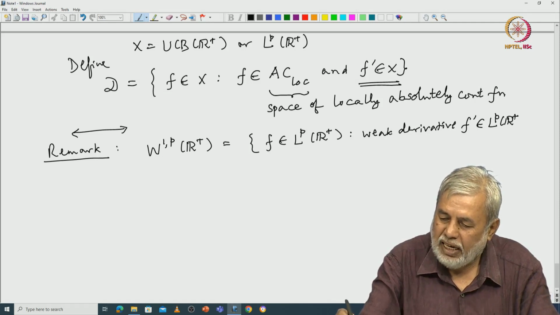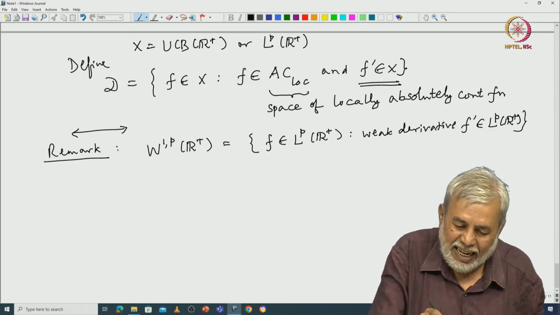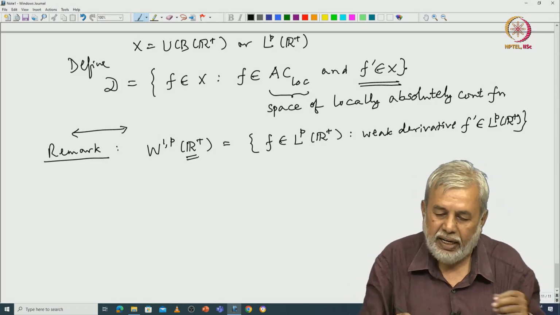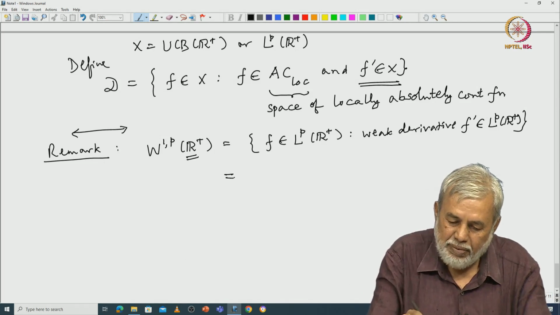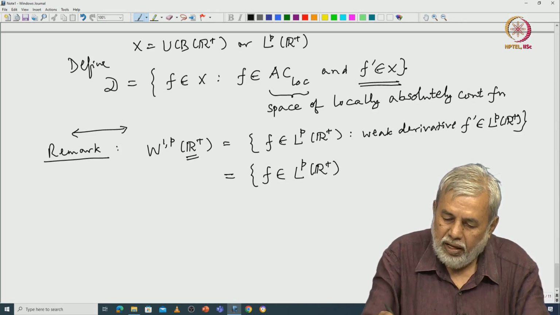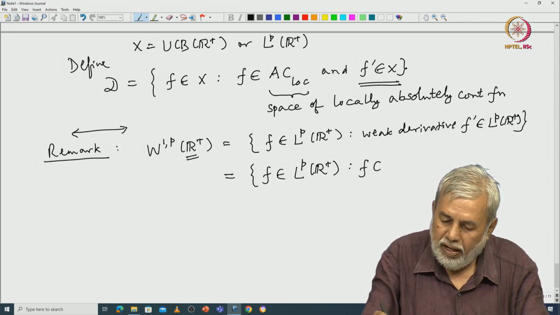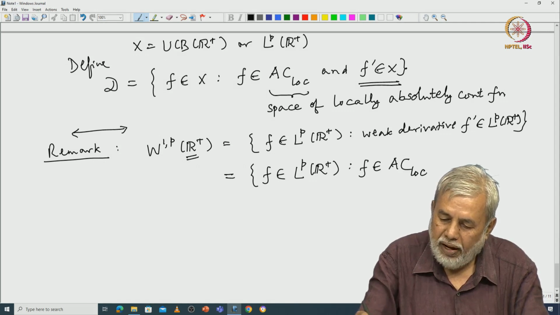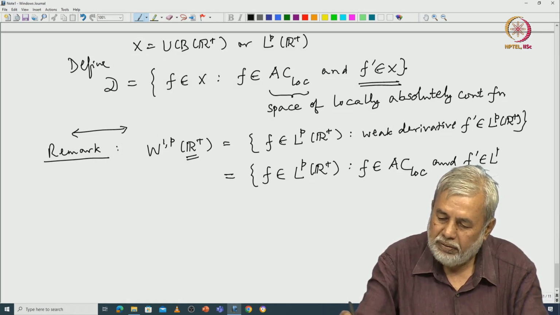For the special case of the real line, okay, this will not work in higher dimensions, this is the same as f is in L^p(R plus), f is locally absolutely continuous and f prime belongs to again L^p(R plus).